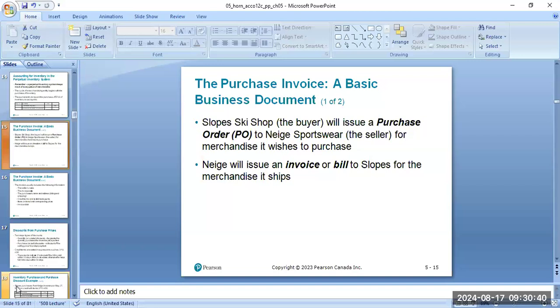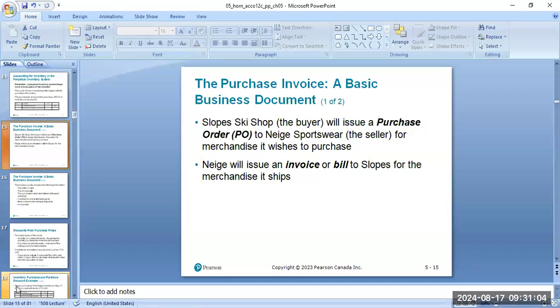When the actual goods arrive, then we're going to have the invoice. Imagine this company, the buyer, issues the purchase order to the seller for the merchandise they wish to buy: I want to purchase this and this and this item.